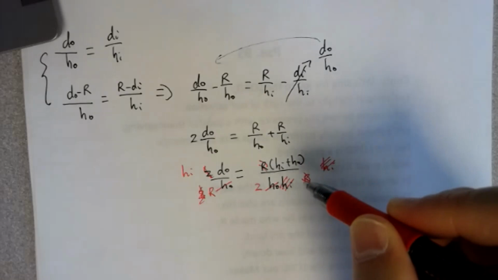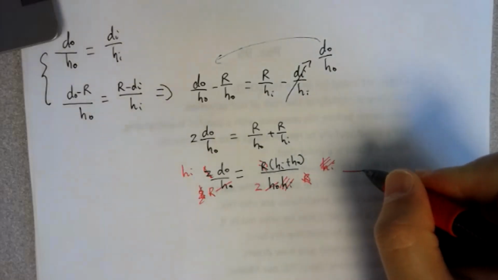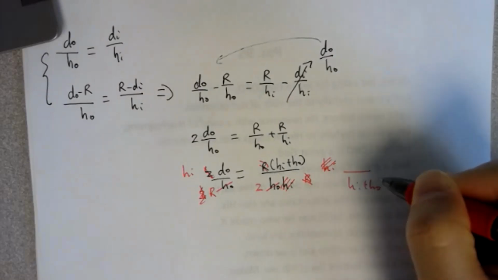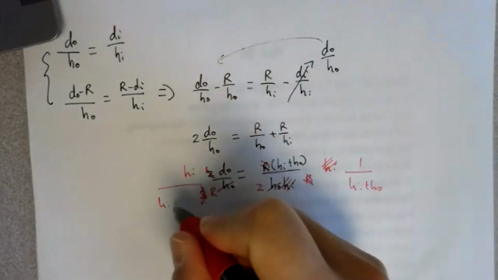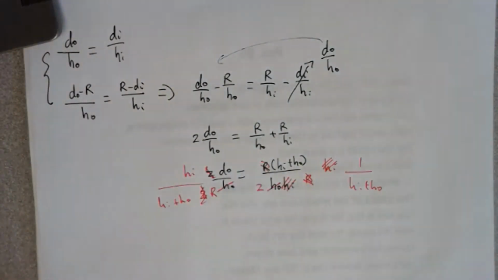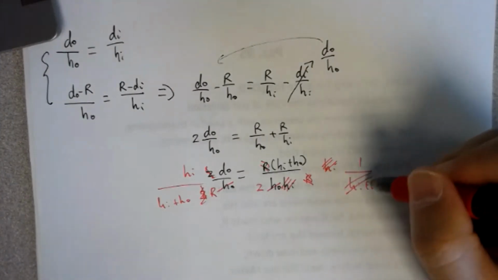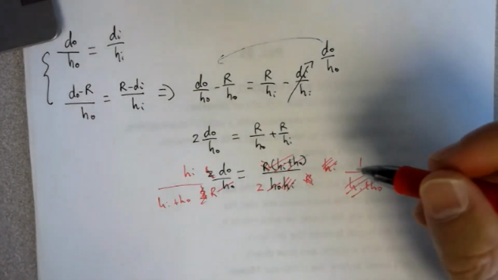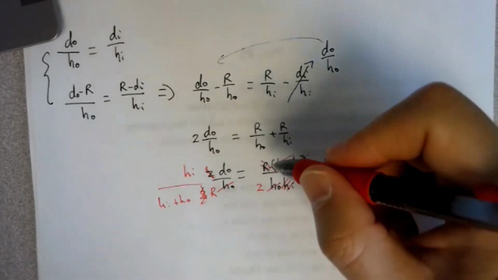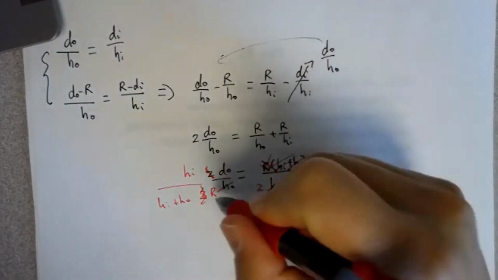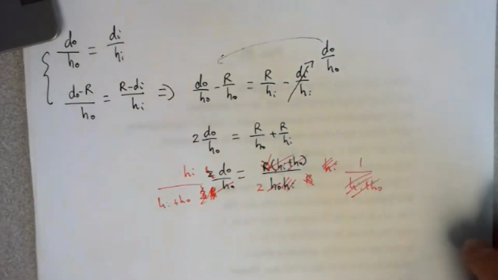Then now divide everything by HI plus HO on this side and then also on this side. So HI plus HO. Okay. All right. So actually, then this goes away. Actually, I think I did not have to do this. So this stays there. Okay. So then this would not be there. Okay. So R will be staying there.